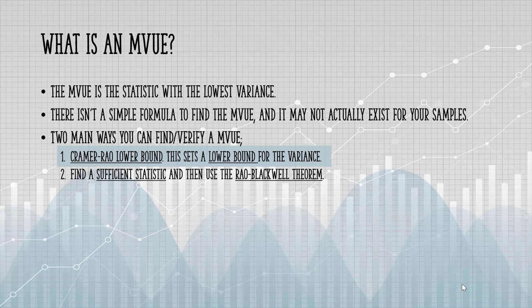If you can find an estimator that meets this condition, you found the MVUE. You can also find a sufficient statistic and then use the Rao-Blackwell theorem. Again, both of these are fairly advanced and I won't cover them in this overview of unbiased statistics, but keep an eye on my channel for videos coming up on those topics later.